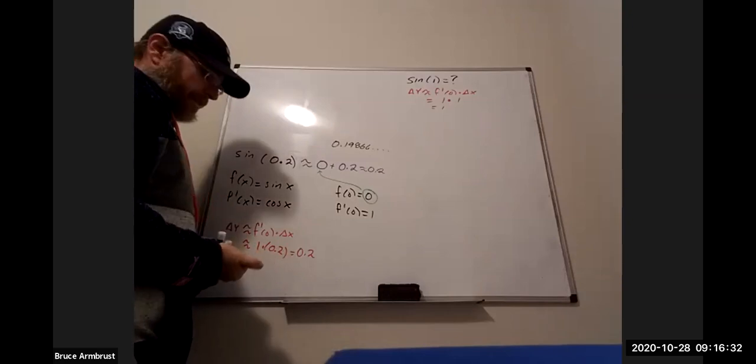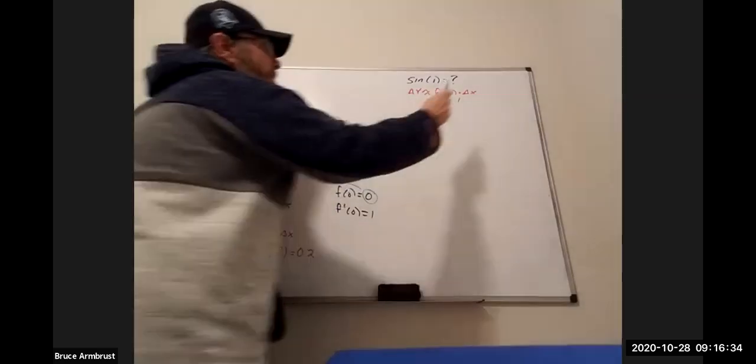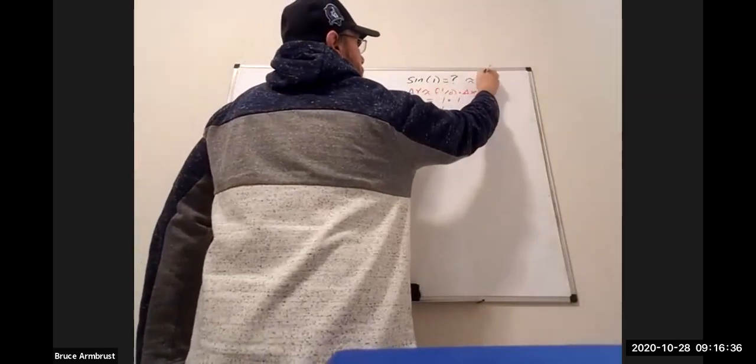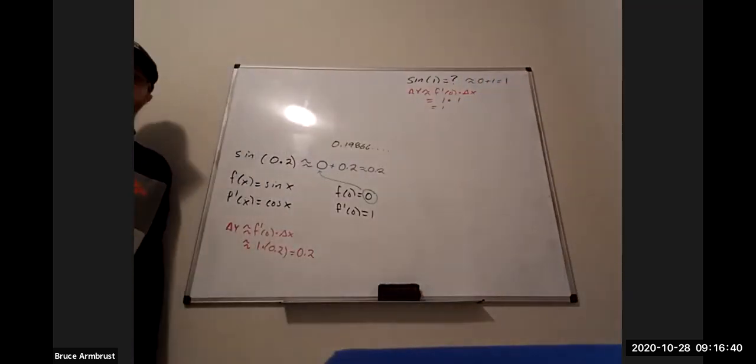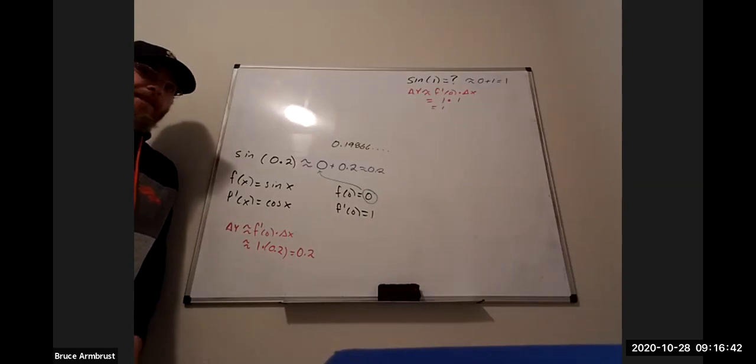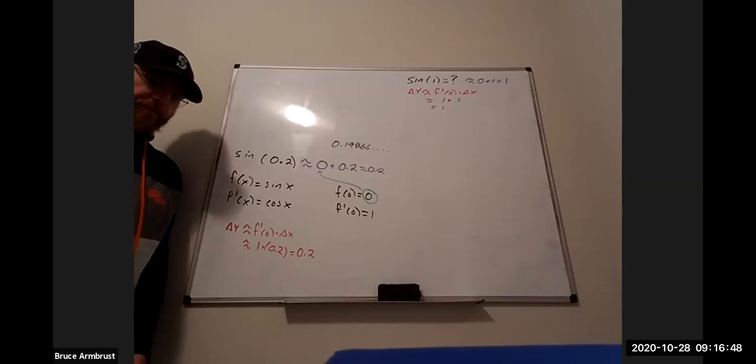So that tells us that the sine of 1 should be around 1. It's the same exact idea. It says the sine of 1 is equal to 1. All right, Susanna, what's the sine of 1? 0.8414709848.